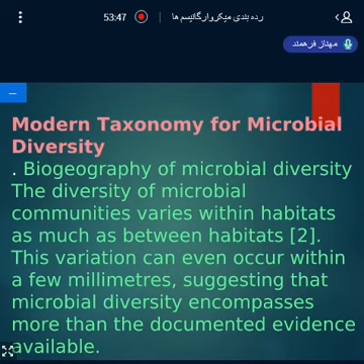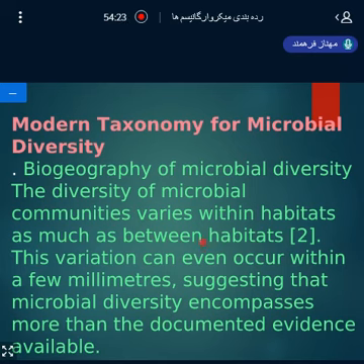Okay, and then the modern taxonomy for microbial diversity is another title for you. We are going to start the biogeography of microbial diversity, and that is the subtitle in your text. Modern taxonomy for microbial diversity. The diversity of microbial communities varies within habitats as much as between habitats.